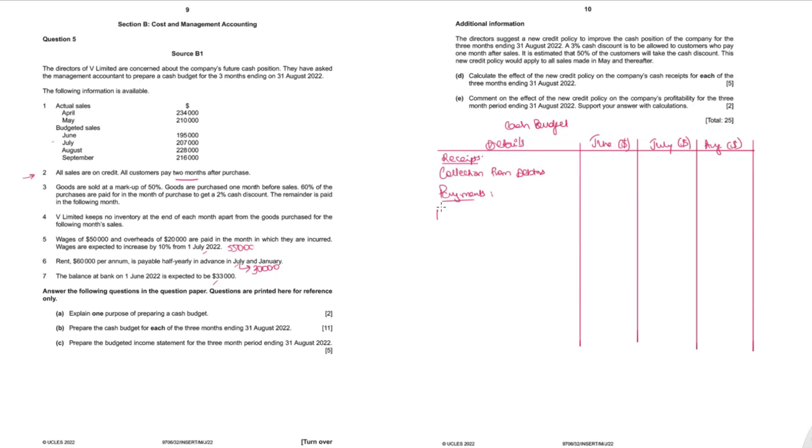When it comes to payment, there will be payment to creditors, but under that, in the month of purchase, and month following purchase. Then wages paid, overheads paid and rent paid. That's it.